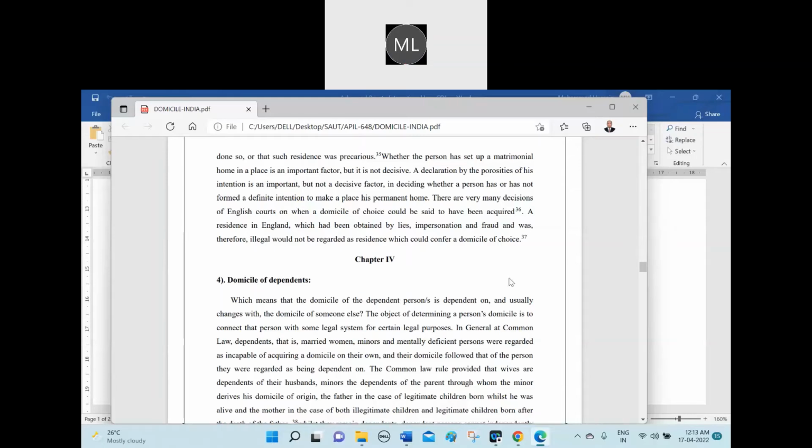So the common law rules provided that wives are dependent on their husbands. So if a wife got married, then what is her domicile? Of her husband.